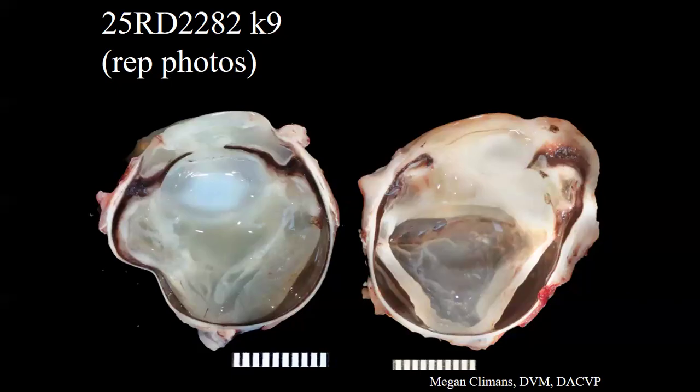Once again, I have representative photos in this case, and not necessarily the photo of this case. These were both from our portfolio of a similar condition in dogs. I wanted to pull both these photos because they each have features that I like. Especially in the photo on the left, you can see evidence of a cataract. The lens is cloudy.